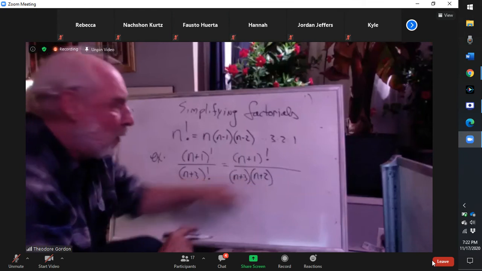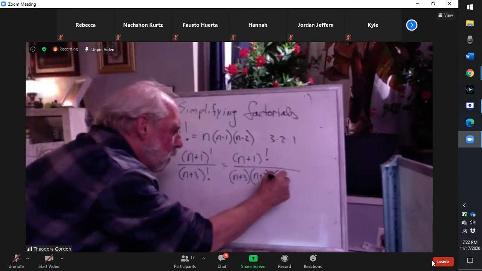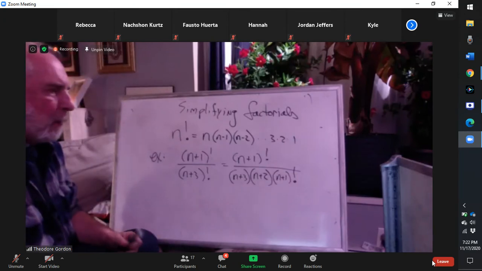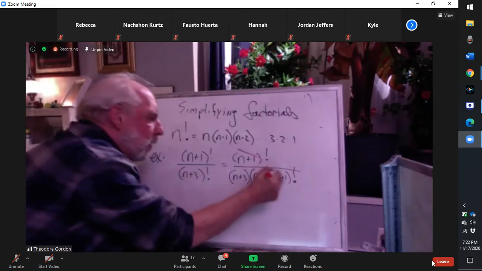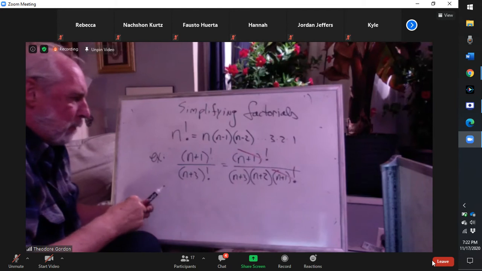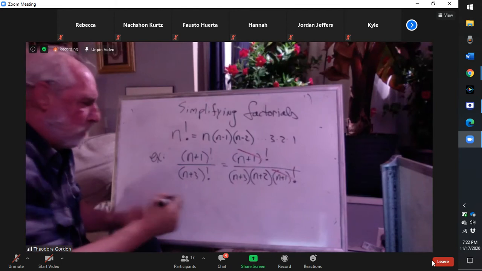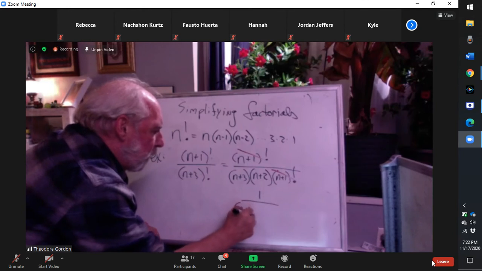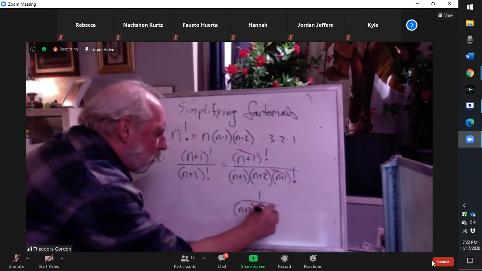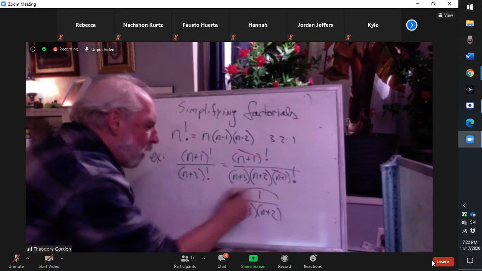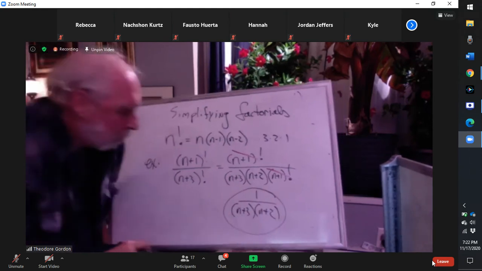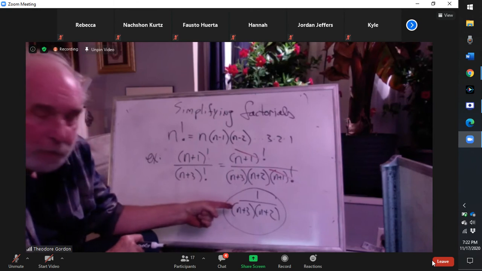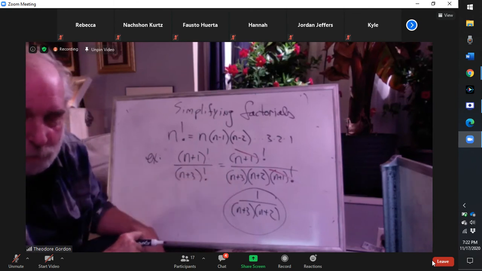N plus 1. And then would come all the rest, but I can write that as factorial. These cancel out. And this simplifies to 1 over n plus 3 times n plus 2. That's the simplification. As n goes to infinity, that goes to 0 because all the n's are down below.